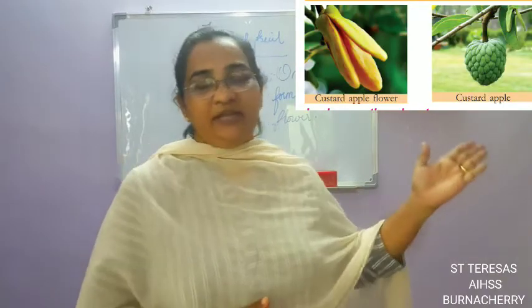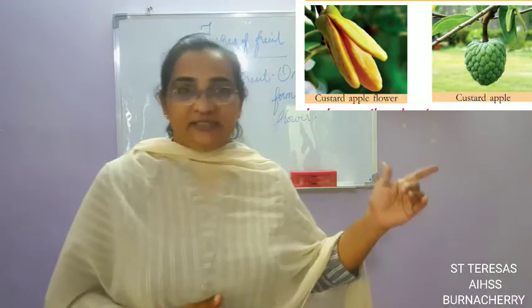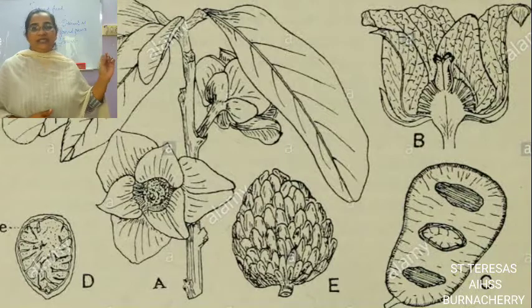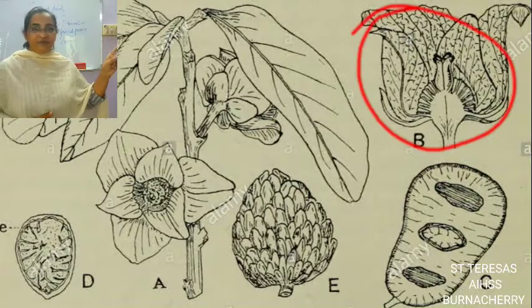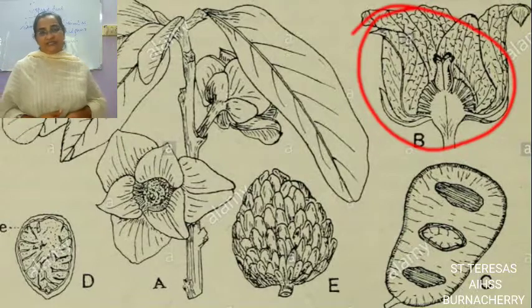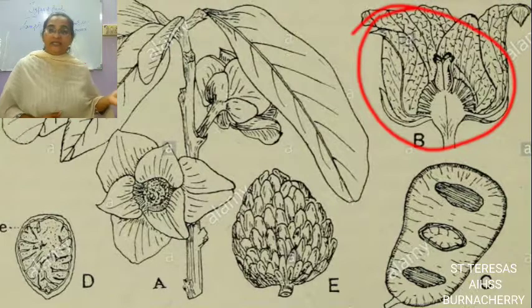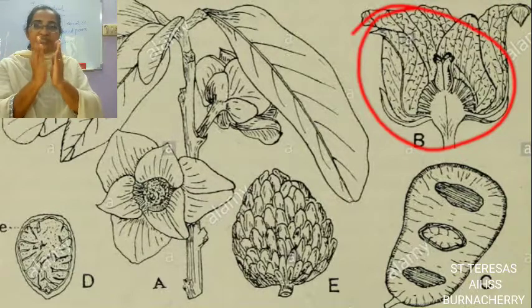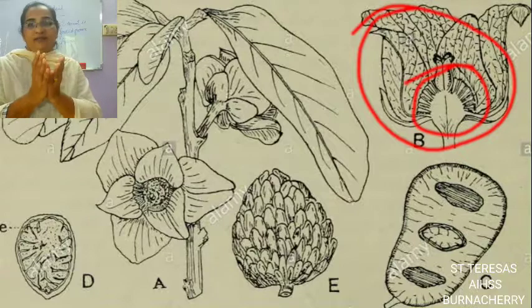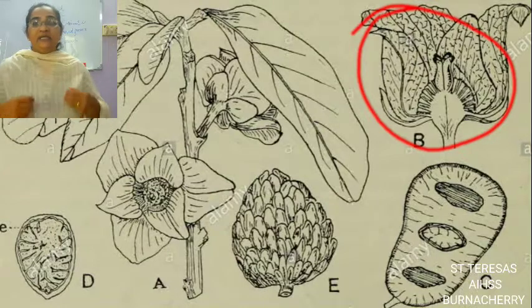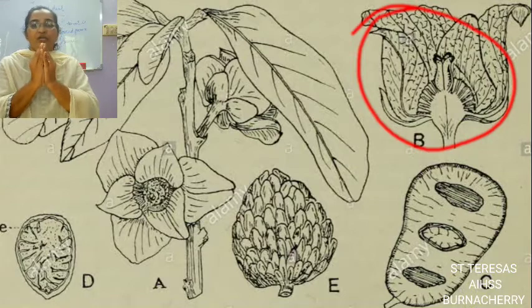So now look at this flower in the picture of the custard apple. You can see it is one flower, but one flower contains many ovaries. Did you understand? One flower contains many ovaries and all those ovaries are joined together. Now each ovary will become a separate fruit, but it will all be close together.